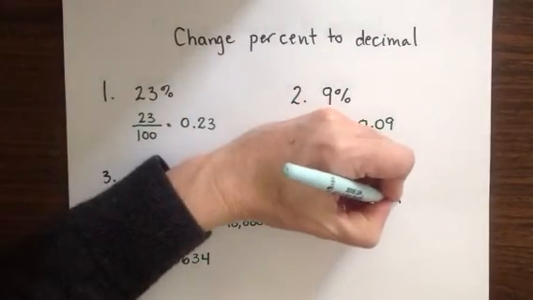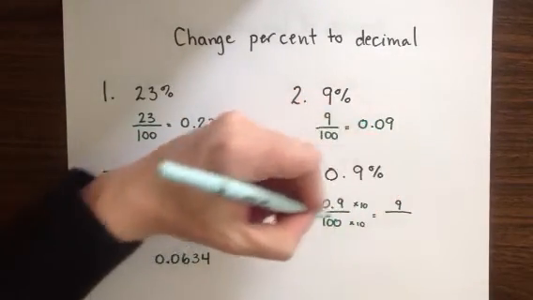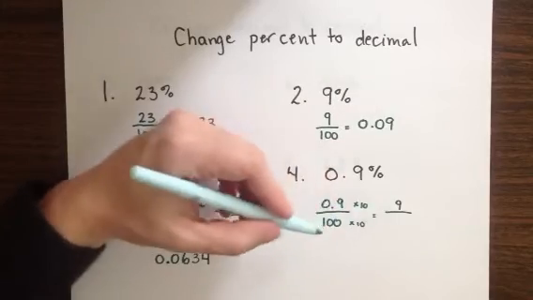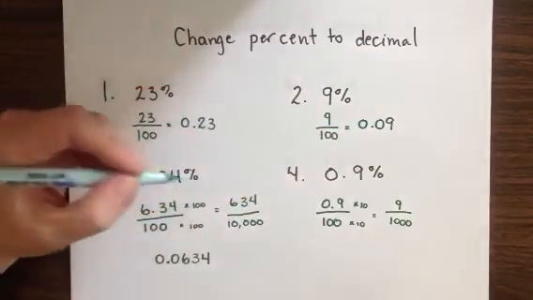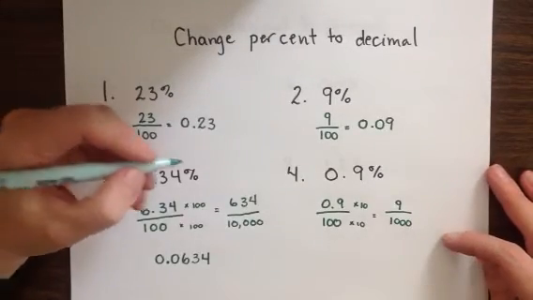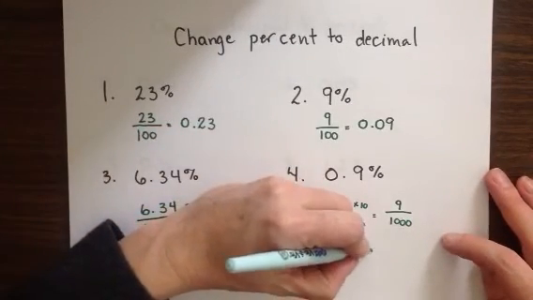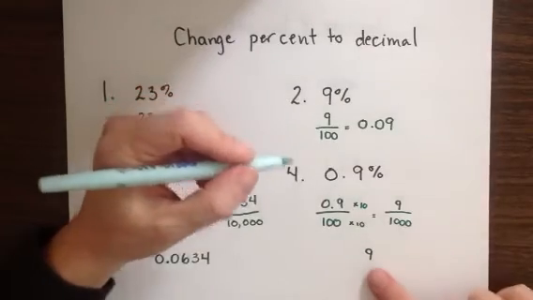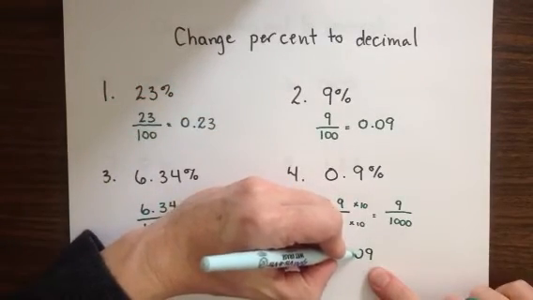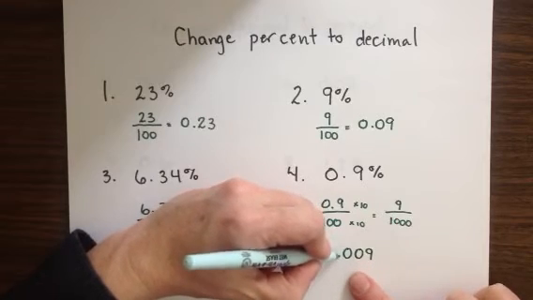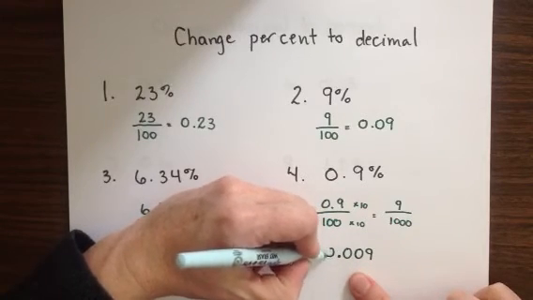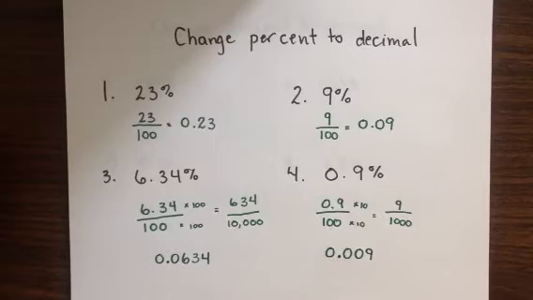Now the new top of our fraction is a 9, and the bottom is a 1,000. So this fraction is called 9 thousandths. So if we place the 9 in the thousandths place, there's the hundredths, the tenths, our decimal, and our leading 0.